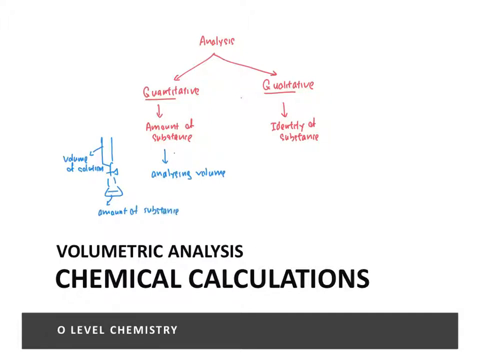So this form of quantitative analysis by analyzing volumes of solutions is called volumetric analysis. In other words, a specific example of volumetric analysis is the titration that we have done in the lab.